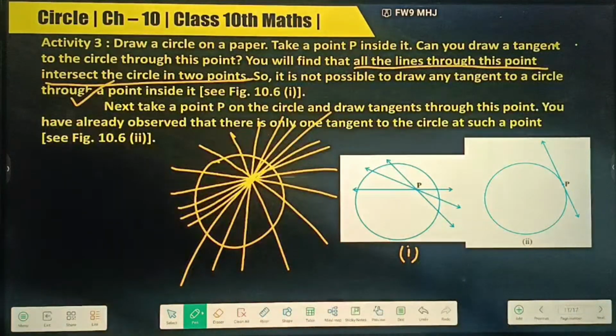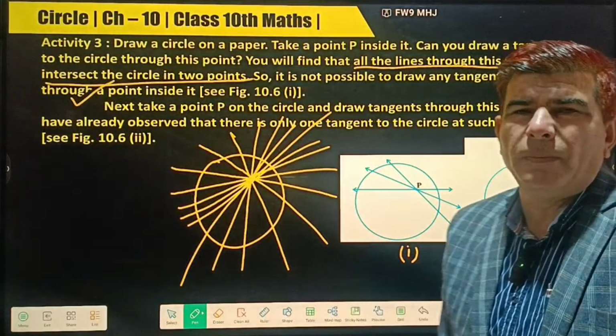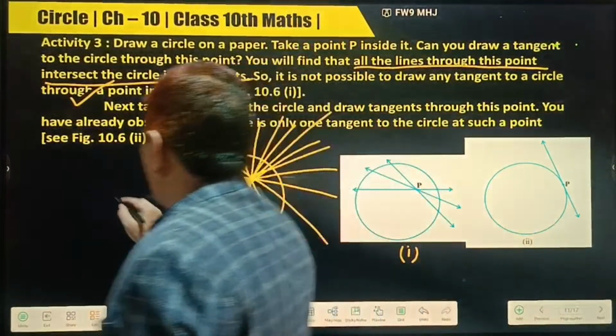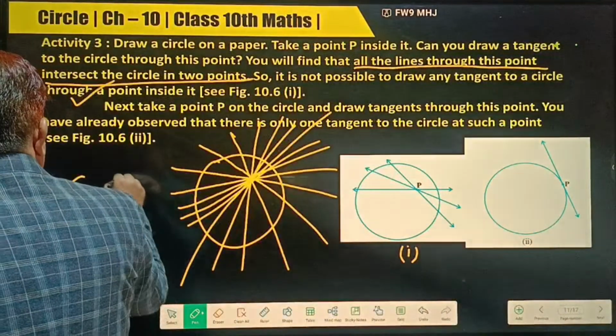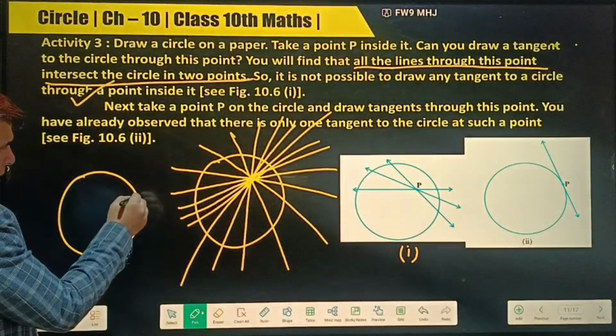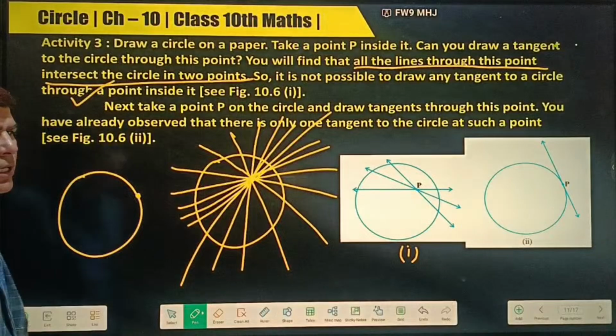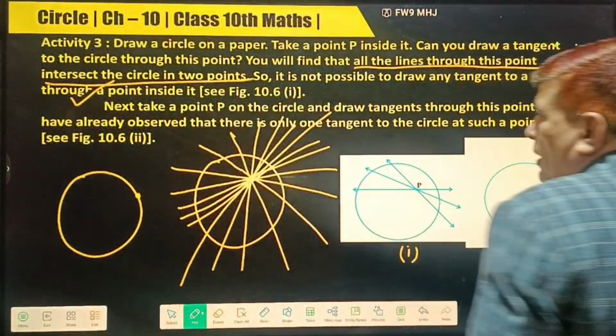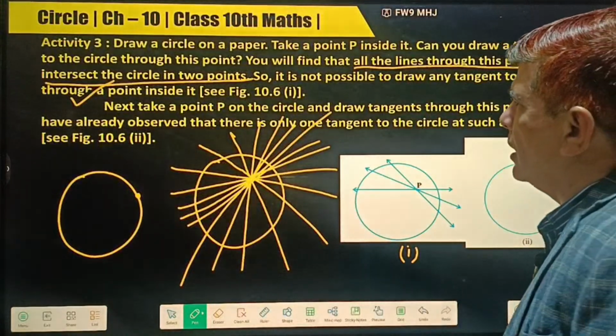So next, take a point on the circle. On the circle means the boundary of the circle. So we have a circle like this, and where can we take the point? On the boundary of the circle. It's not compulsory here, you can take it anywhere, but that point must lie where? On the boundary of the circle.